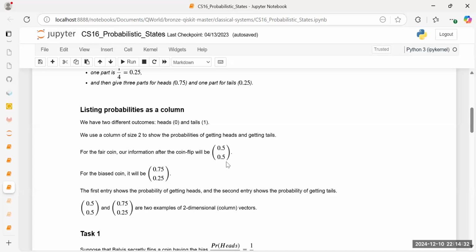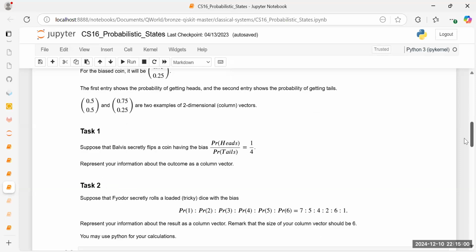So here, we've tossed our coin, and the entries in the vector you see here are for the different outcomes we could get. So the first entry is the probability that our coin will land on head. And the second entry is the probability that it lands on tail. So we can also have a biased coin where you see we have a higher probability that it lands on head, as you can see here.